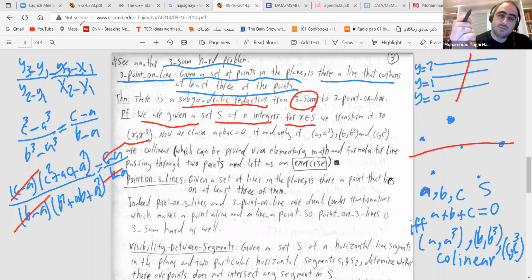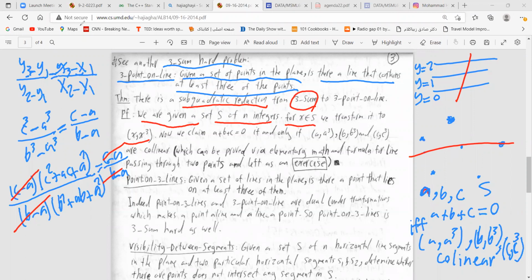In the reduction from three-sum prime to three-sum, we create an instance of three-sum such that a, b, and c are distinct, because we can just create this set S. So we know that three-sum is hard even with the assumption that a, b, and c are distinct. So we can just use that, and we are assuming that these three numbers are not equal. Does it make sense?